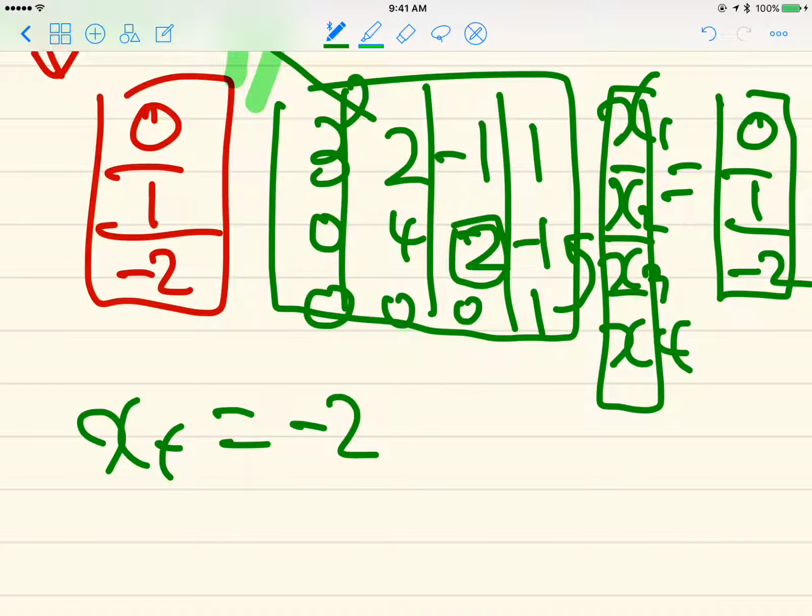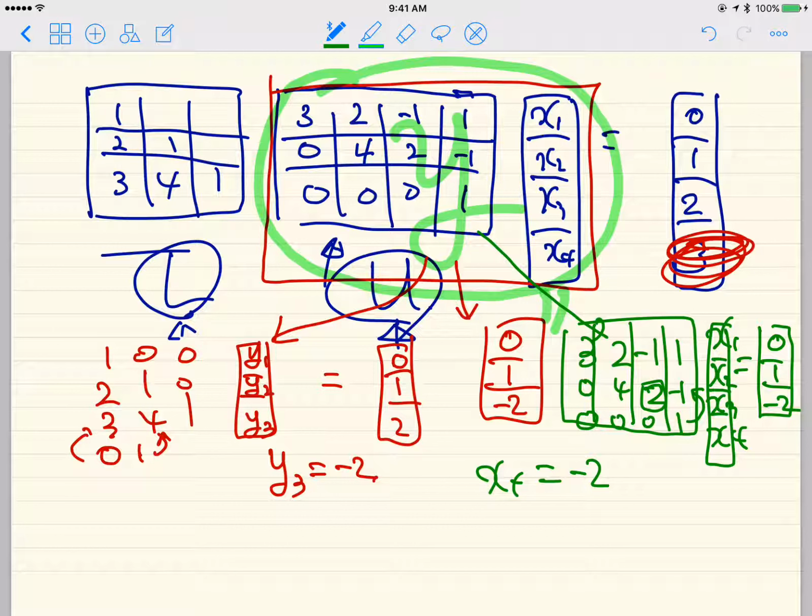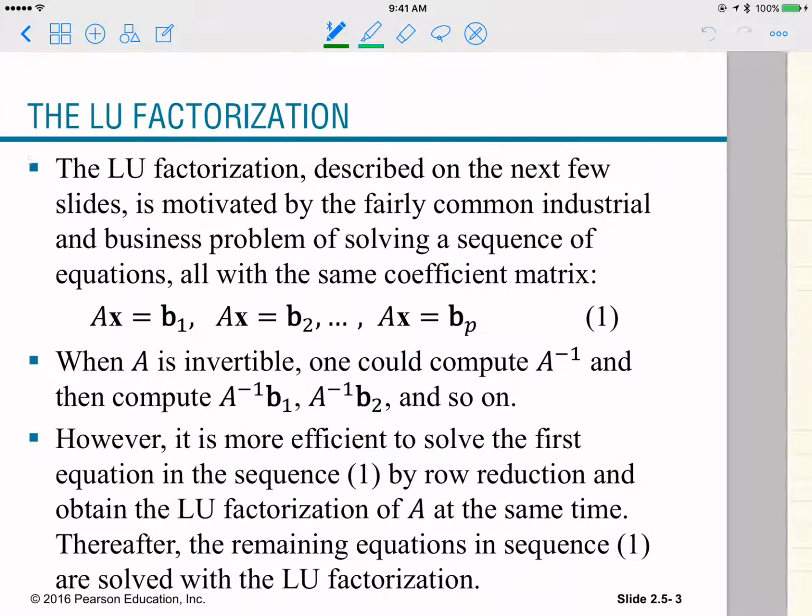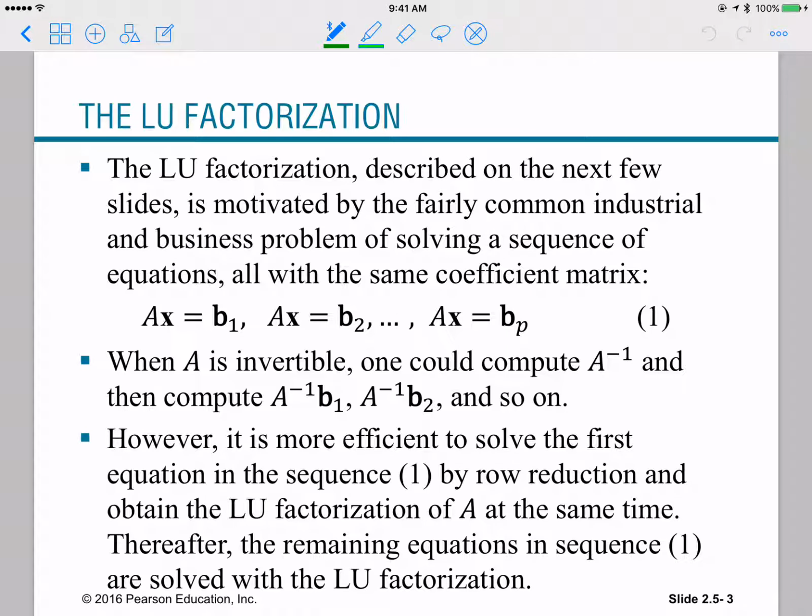So this is the main usage of LU factorization for solving the linear system. The beauty of using LU factorization is that suppose you are given A, but you are given multiple B's, using the same A. When did we see this kind of situation?